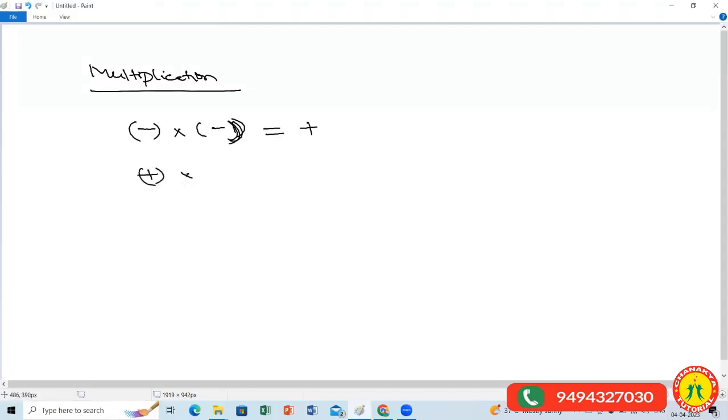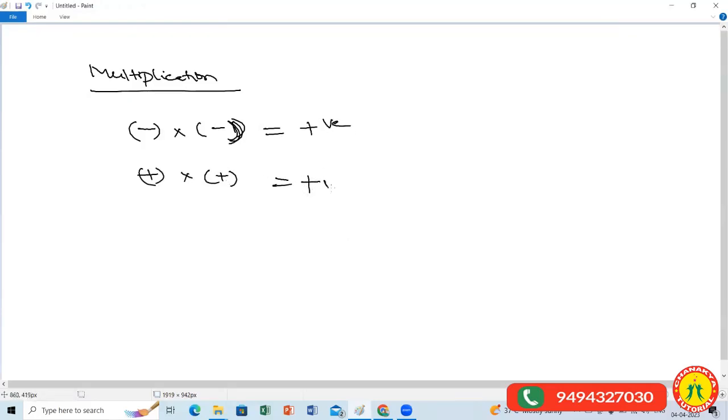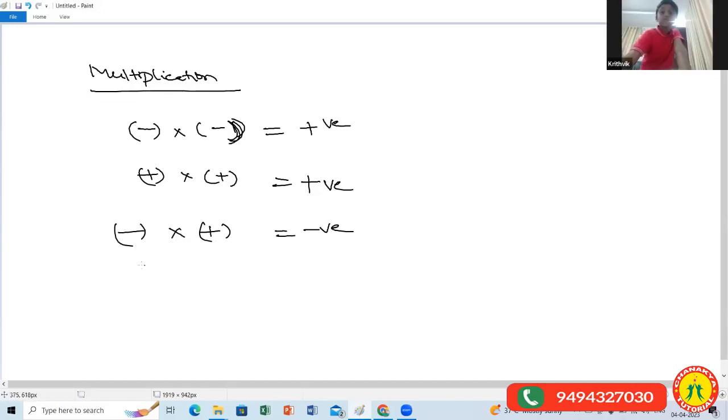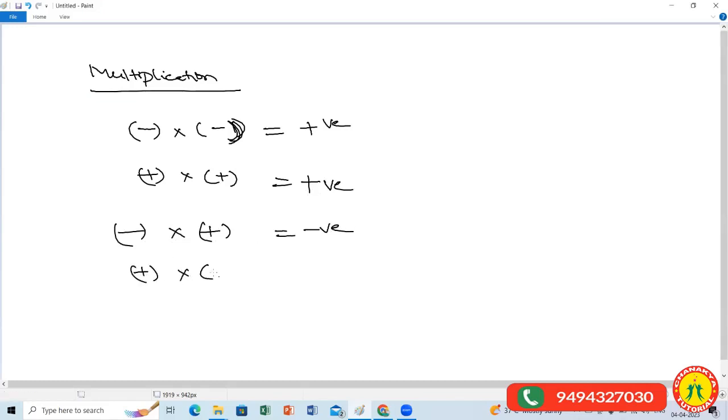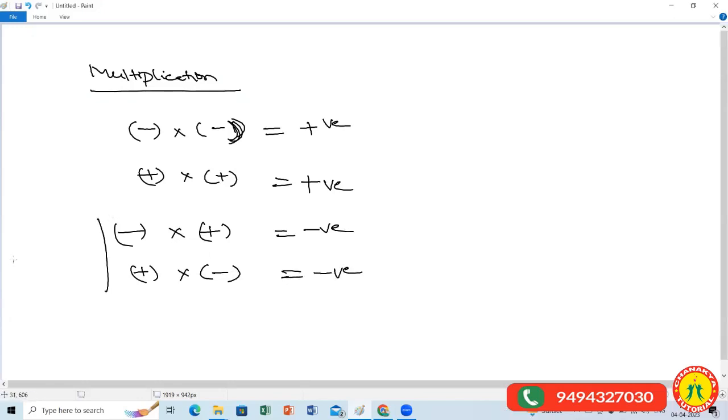Plus into plus gives a positive result. Minus into plus is negative. Plus into minus is negative. If you see, these are unlike signs, and unlike signs mean a negative result.